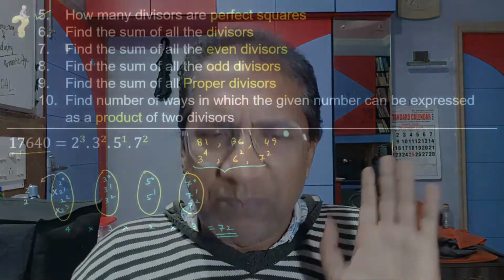So here we are having 2 to the power 0 and 2 square, because whatever divisors we will get after multiplying, the elements will be chosen from the separate sets A, B, C, D. After multiplying, if the exponent is even, we are always going to get a perfect square. That you accept, because just now we have seen that for any perfect square, the exponent is always an even number.